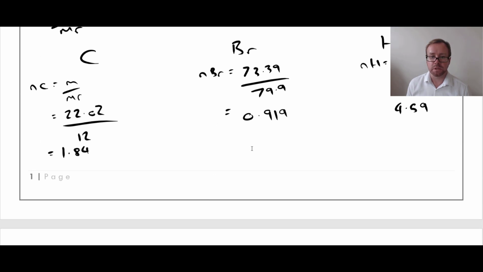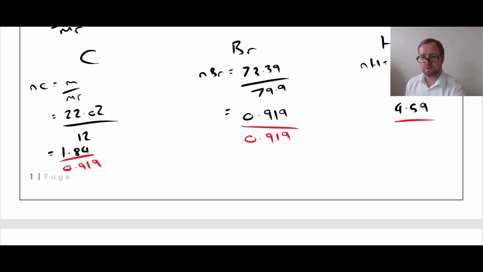So my smallest number of moles is my Br, so I'm going to divide by 0.919, and this gives me some values. So this equals about 2, this is obviously 1, and this is about 5.